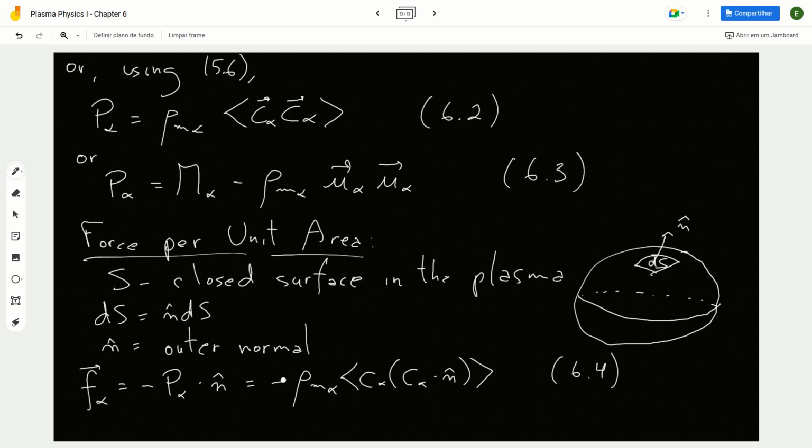Now you may be asking, why the minus in this formula? Why the negative sign in 6.4? Let me try to show you.